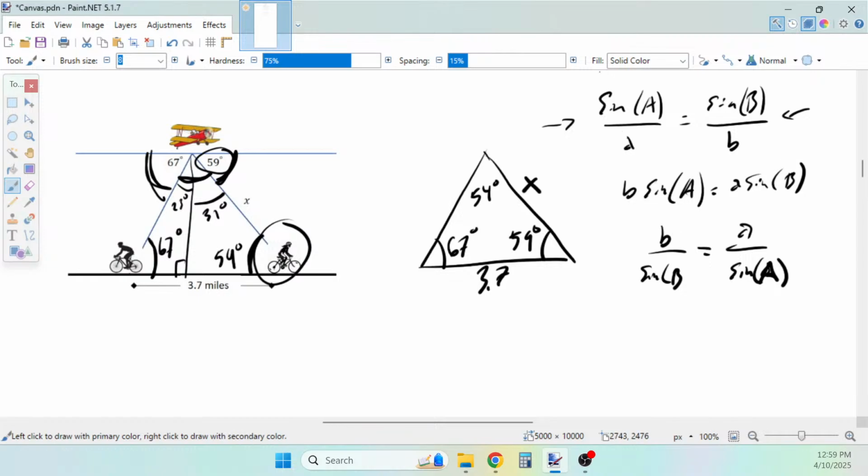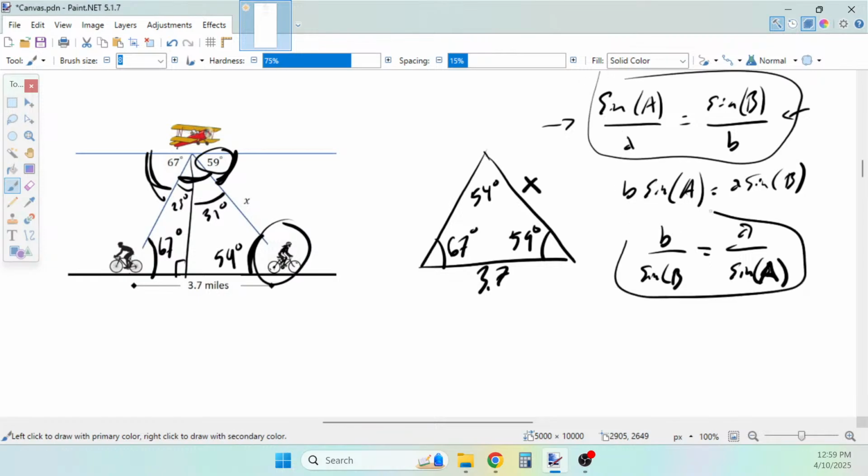So I could write it this way or a bunch of other ways. But if I'm solving for a side, it makes sense to put the unknown side on top so that I don't have to fiddle around as much with the variable to try and solve it.